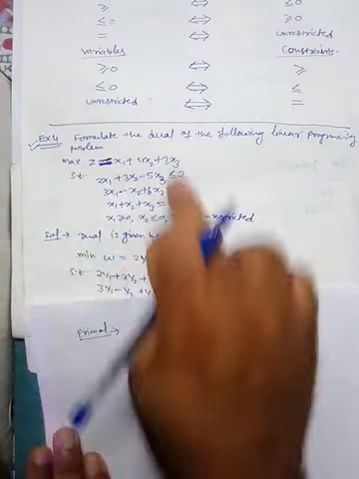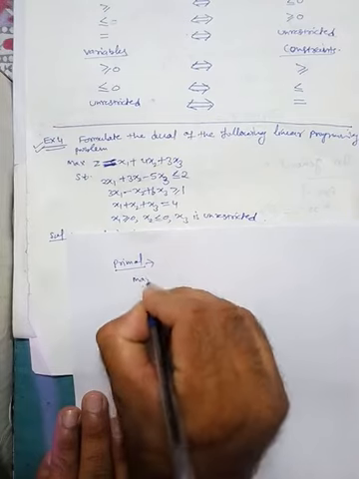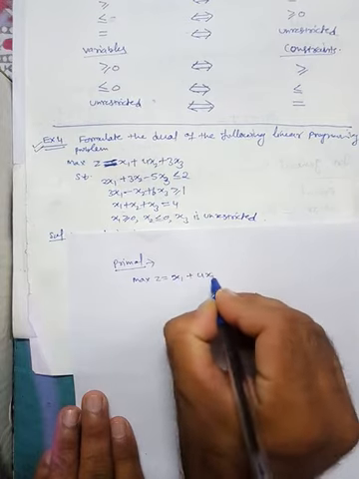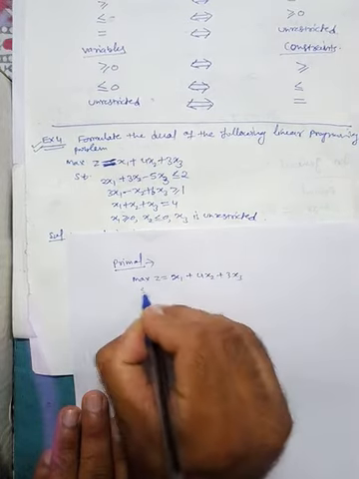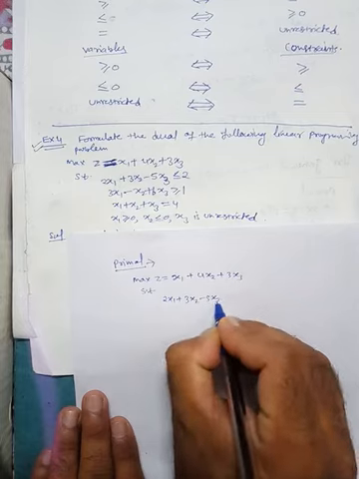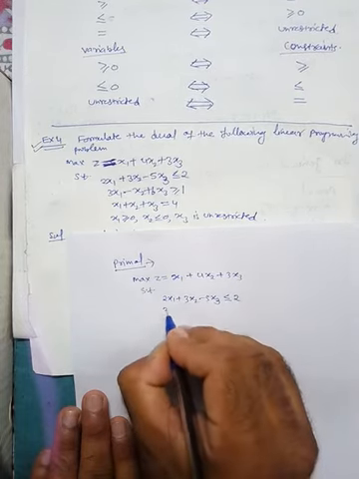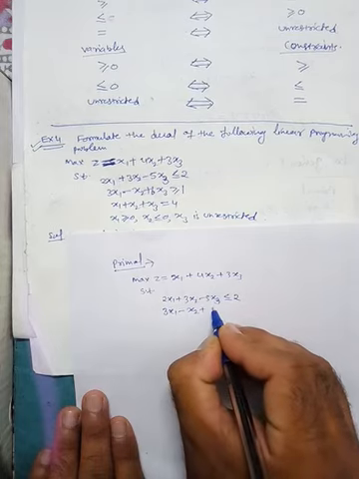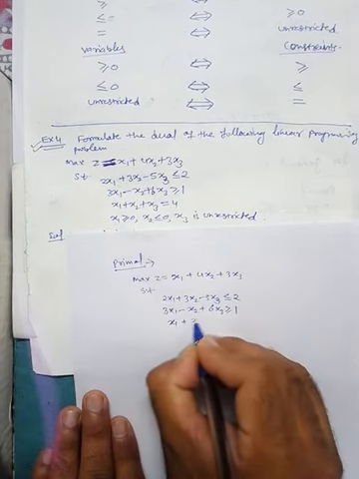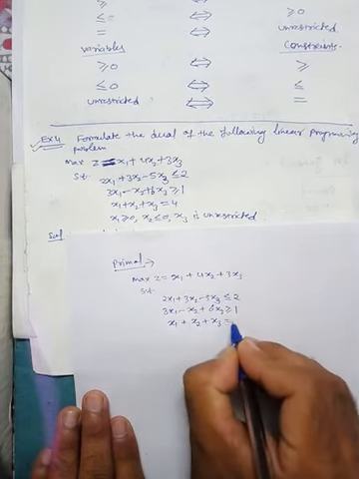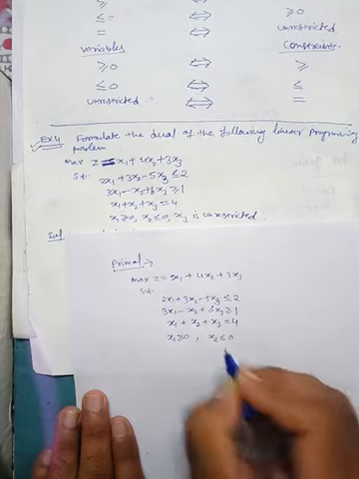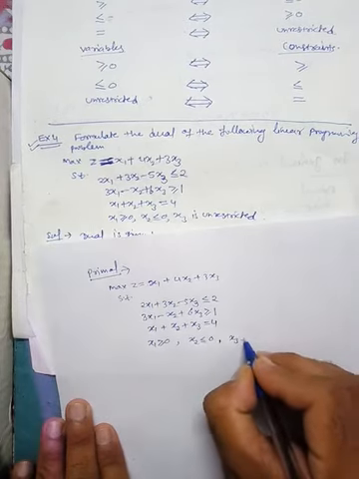Maximize z equals x1 plus 4x2 plus 3x3 subject to 2x1 plus 3x2 minus 5x3 less than or equal to 2, 3x1 minus x2 plus 6x3 greater than or equal to 1, x1 plus x2 plus x3 equals 4, x1 greater than or equal to 0, x2 less than or equal to 0, and hence x3 is unrestricted.